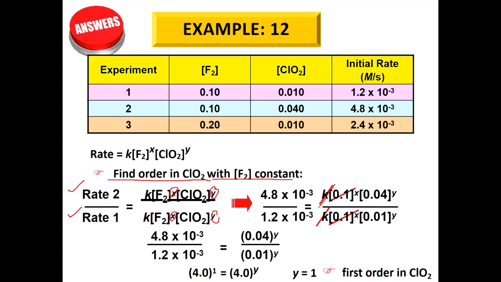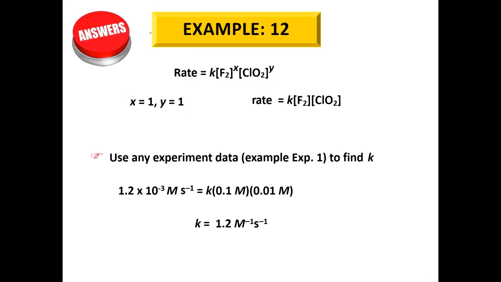Then you can cancel out this one and you will get y equal to 1. First order in ClO2. So now x is 1, y is equal to 1, so your rate will be k multiplied by concentration F2 multiplied with concentration ClO2.